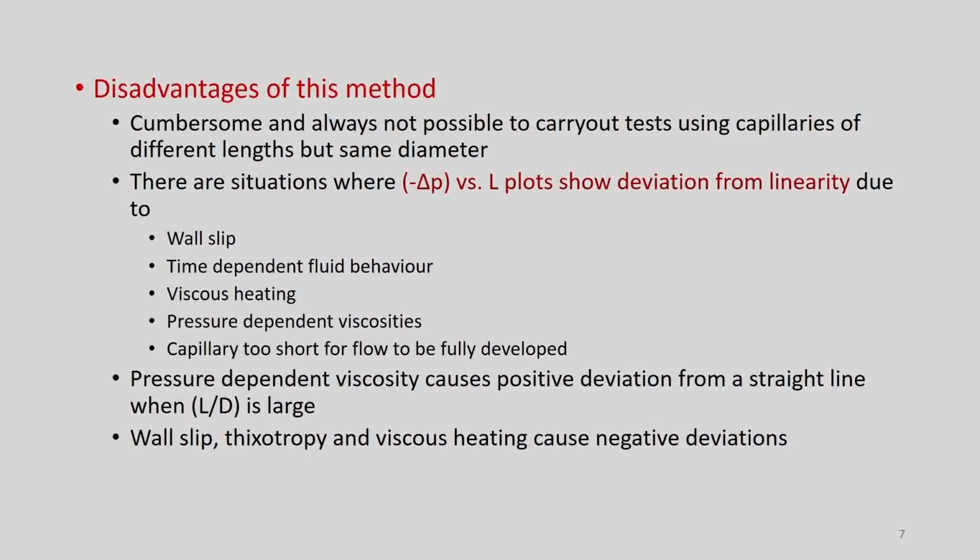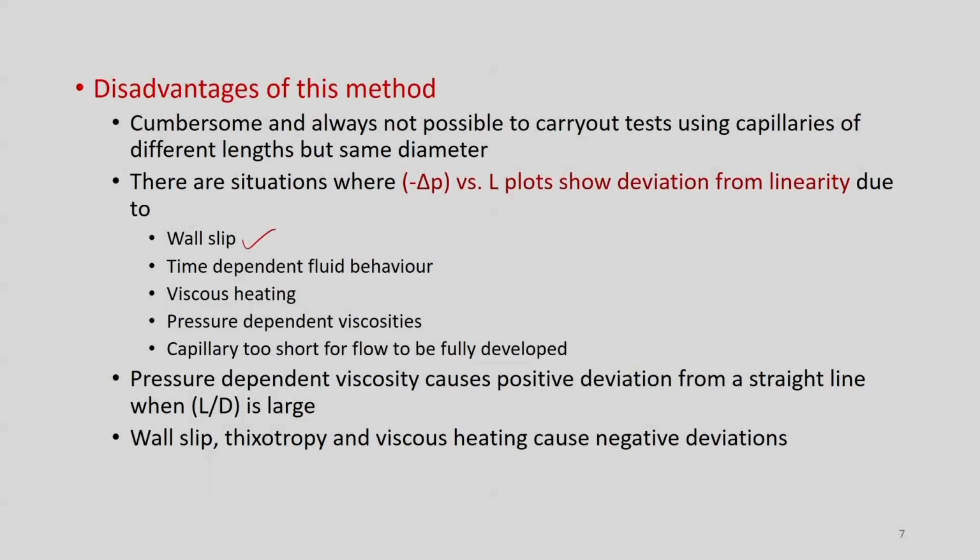Why may they not be linear in general for all fluids or all cases? Because here we are checking only for the source of error due to the entrance effect, but there may be other sources of error also, such as wall slip. That may also contribute, and because of that the minus delta P versus L plot may become non-linear.